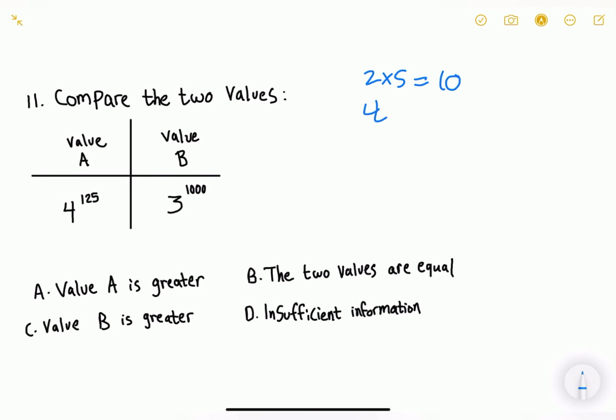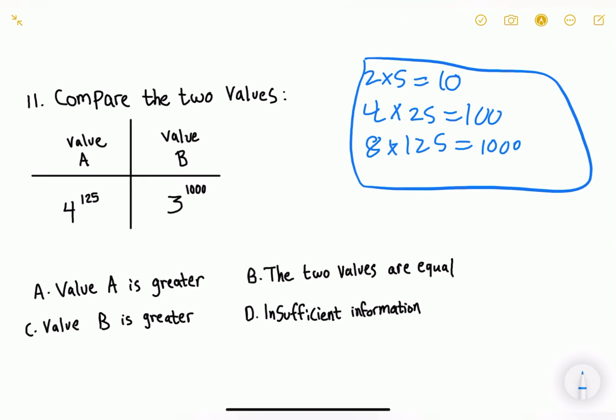So we know this that I just told you, and 8 times 5 is equal to 1,000. So with that being said, we can simply notice that there is a 125 here. And in order to compare two values, we need to have something in common, something similar to be able to compare. We notice that there's 1,000 here, and we know that 1,000 is the product of 8 times 125.